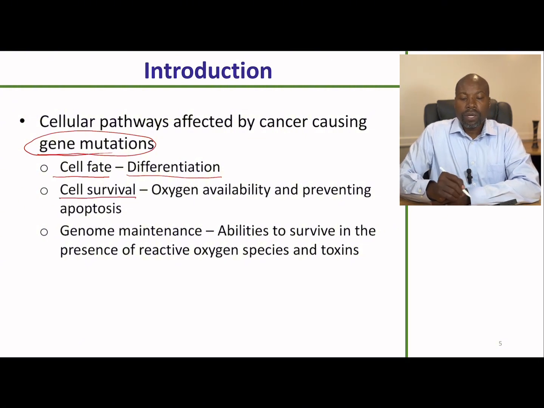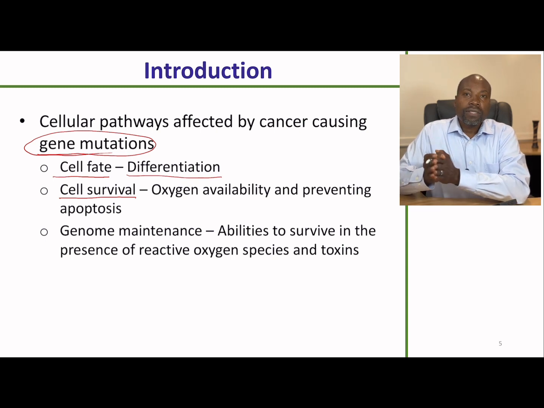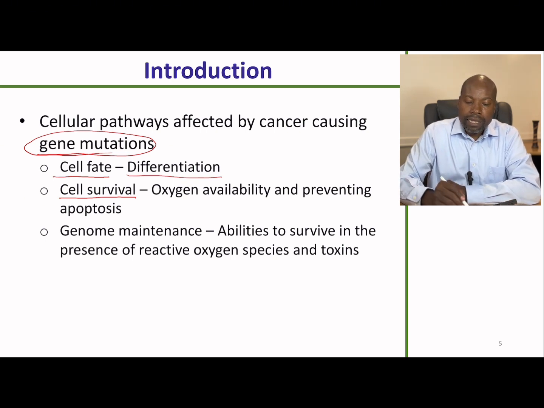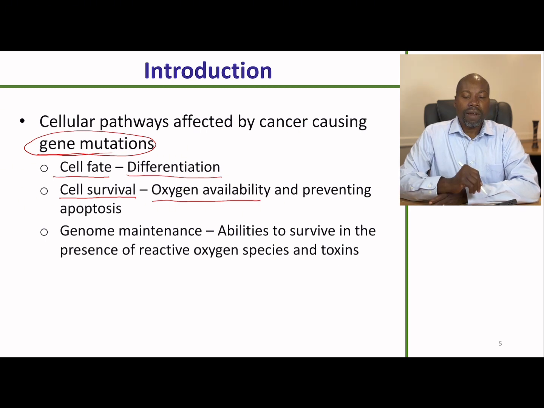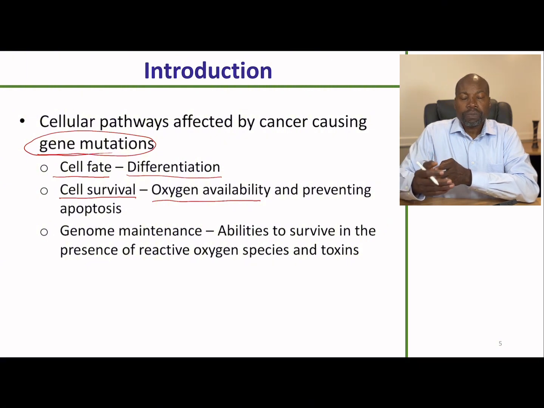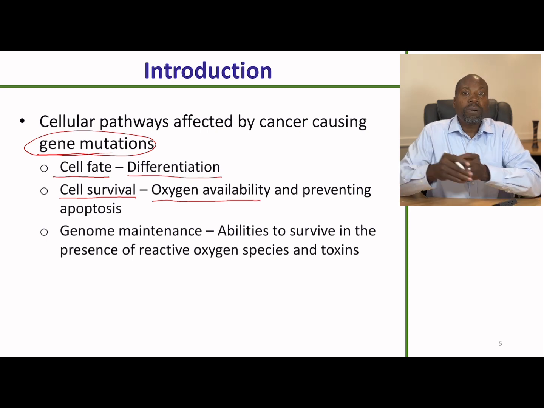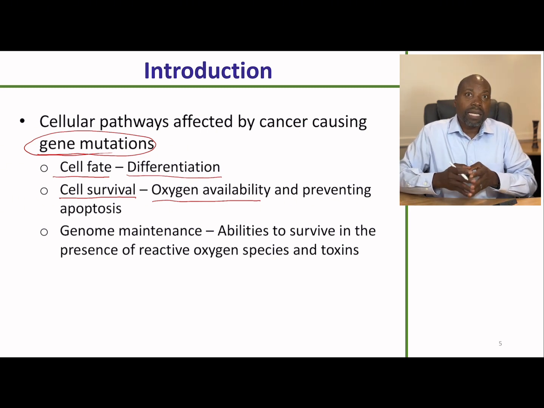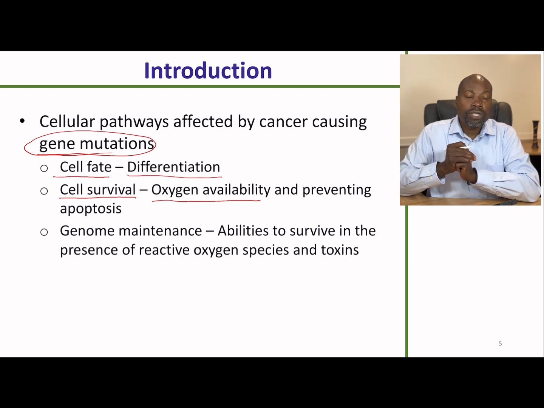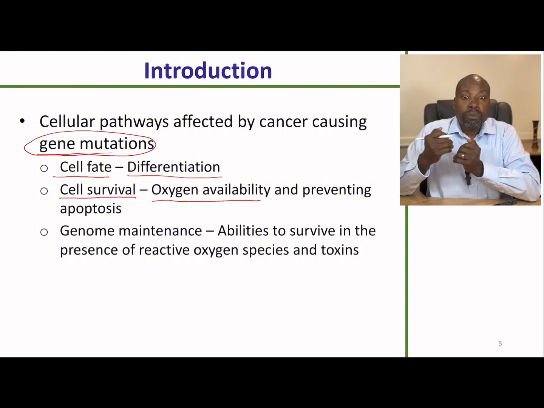Now, the cells, as they multiply, need oxygen, right? And in order to receive oxygen, these cells need blood vessels, right? So blood vessels are going to typically grow into the cancer area, making oxygen available.